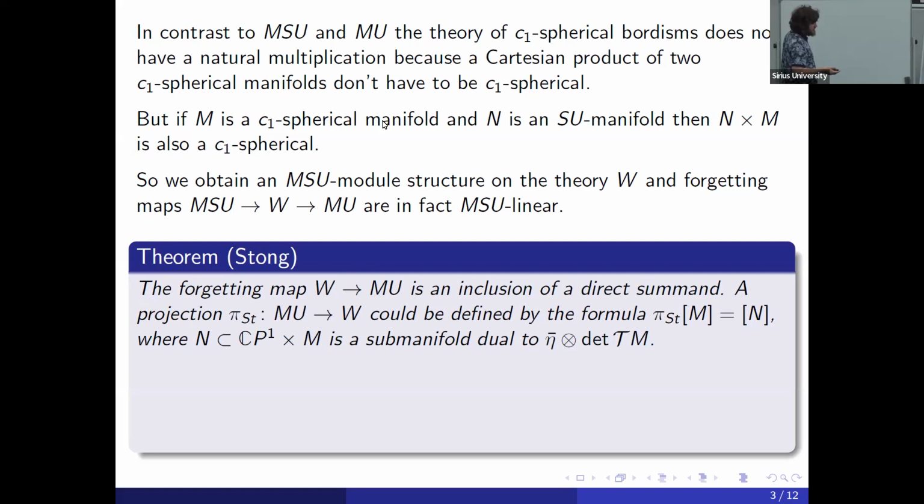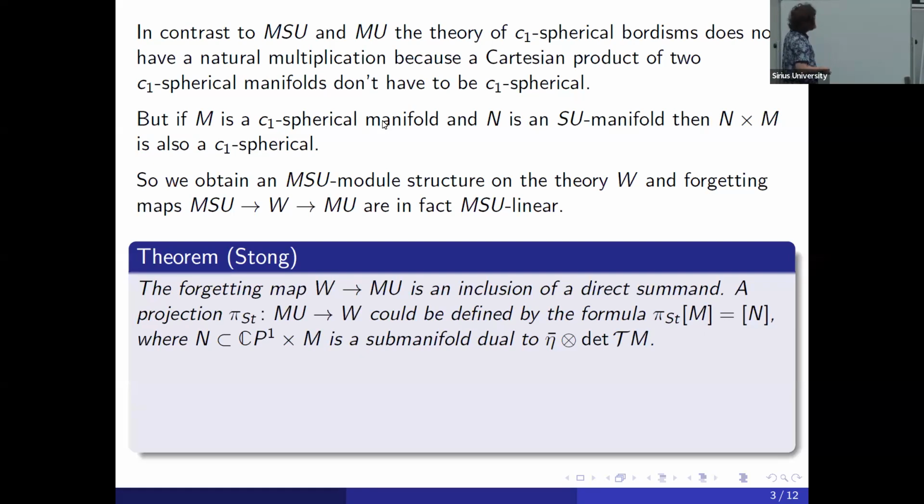It's a projection from all complex bordism to c₁-spherical bordism, because this submanifold is c₁-spherical: its determinant is reduced by the projection onto the first factor. Using this projection, we obtain that the c₁-spherical theory is a direct summand of the theory of complex cobordism.